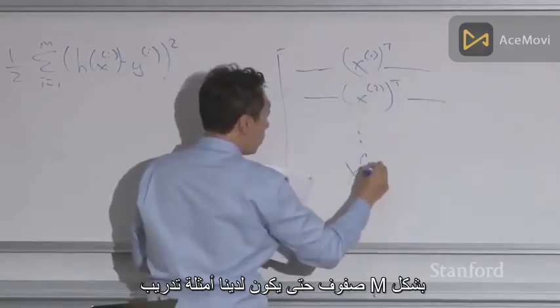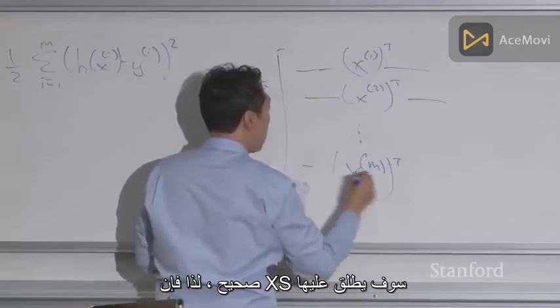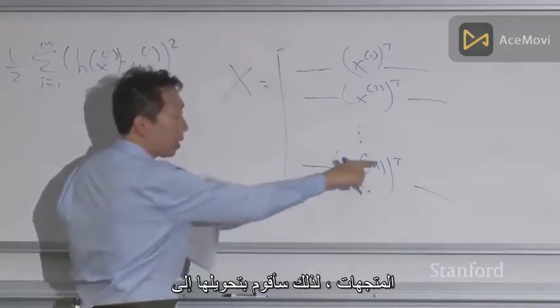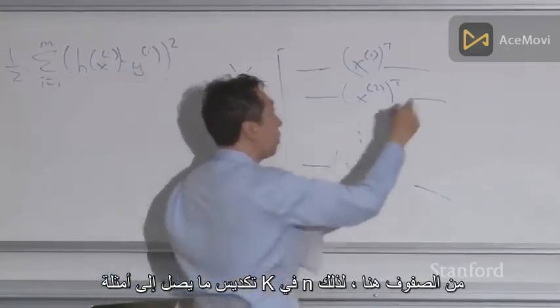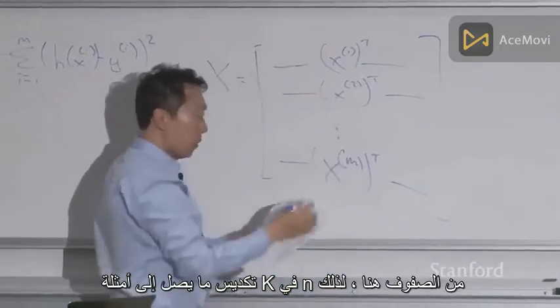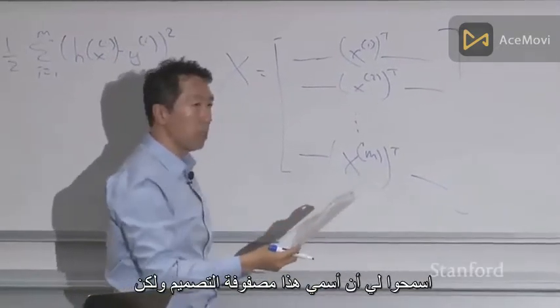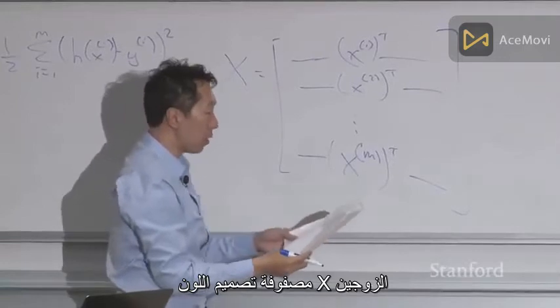So we have m training examples, and the x's were column vectors, so I'm taking the transpose to stack up the training examples in rows here. Capital X is called the design matrix.